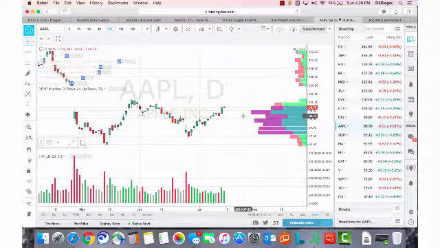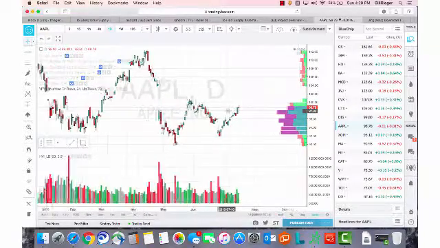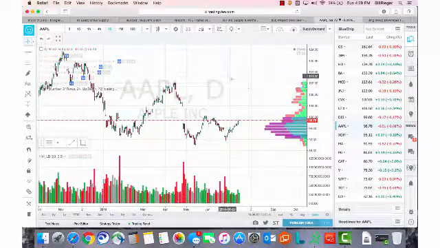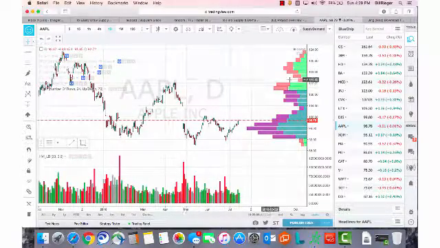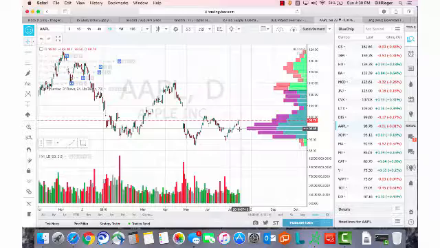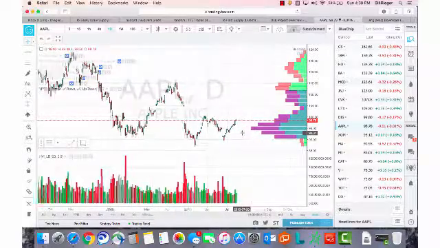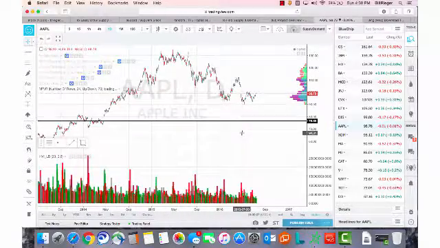I'm going to watch price and volume and see what happens. If we have a big move up on high volume, my thought is that Apple would be going back to this area here where we have this higher volume. If we have a move down here on bigger volume, my thought was that Apple would be going down.